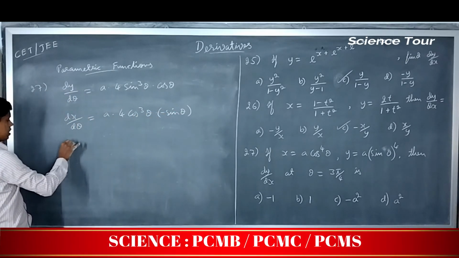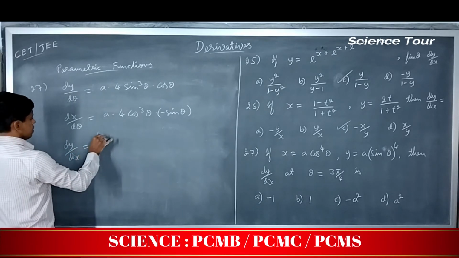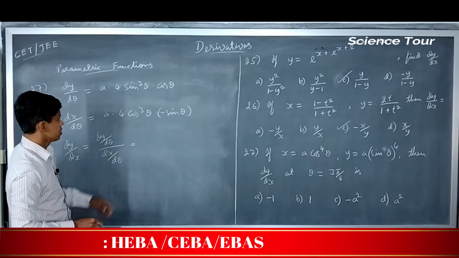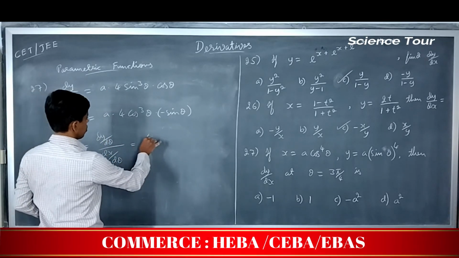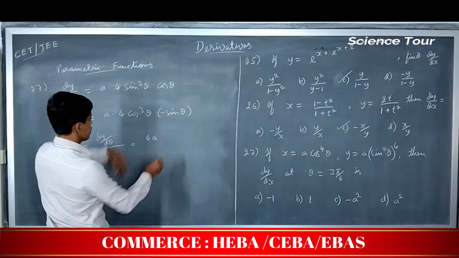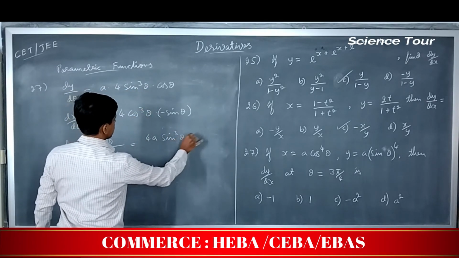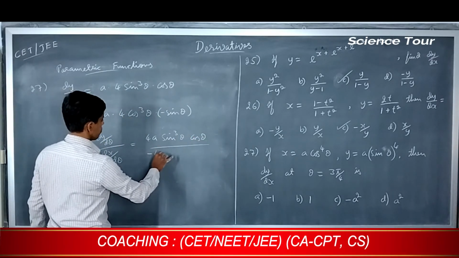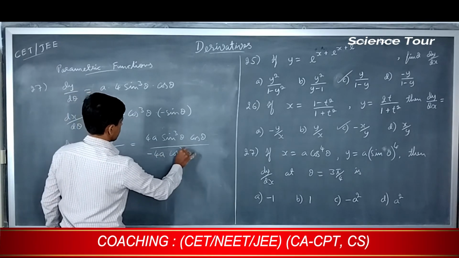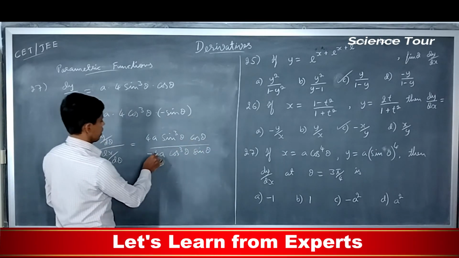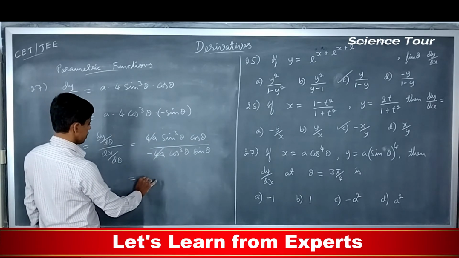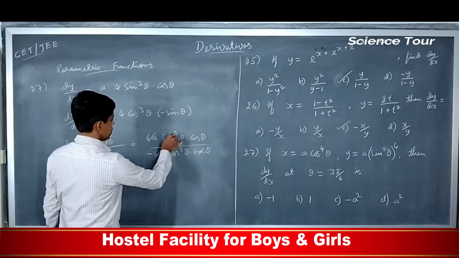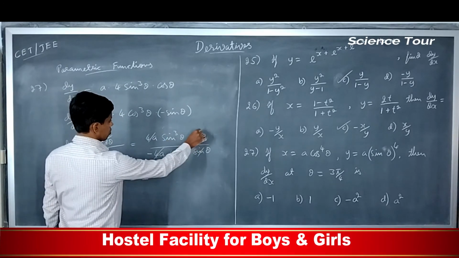Now, what is dy by dx? That is dy by d theta divided by dx by d theta, which is 4a and then sine cube into cos divided by minus 4a and cos cube into sine theta. Well, so 4a you can cancel out straight away. So, this is minus, and you can cancel out sine once and also cos once.